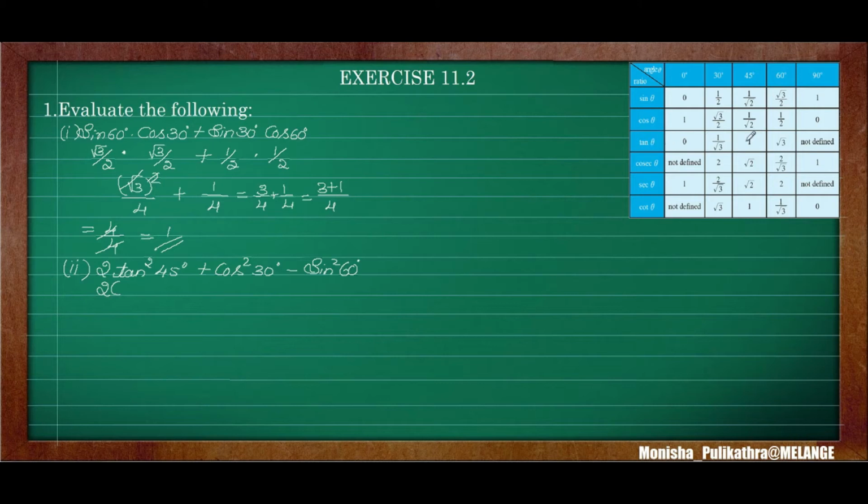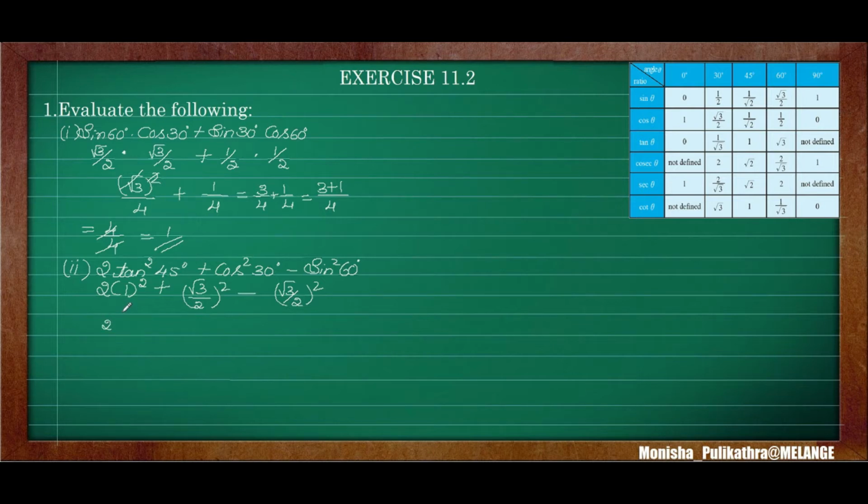So tan theta and 45. So tan 45 is 1. So here tan square 45 is there, so we have to write 1 square plus cos 30. So cos 30 is root 3 by 2. Here square is there, so root 3 by 2 whole square minus sine 60. So sine 60 is also root 3 by 2. So root 3 by 2 whole square.